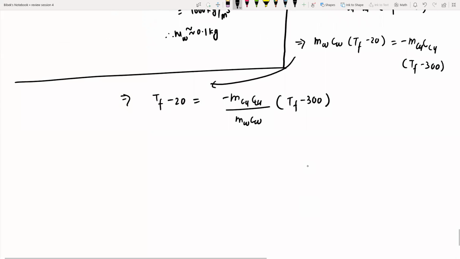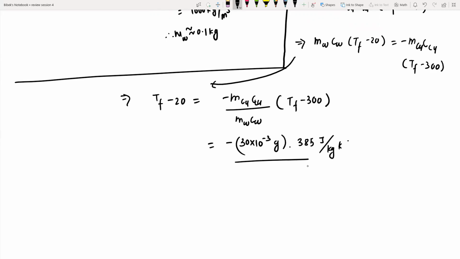Now you can plug in the values. The mass of the copper is 30 times 10 to the negative 3 kilograms, and your specific heat capacity for copper is also given, I think that is 385 joules per kg Kelvin.